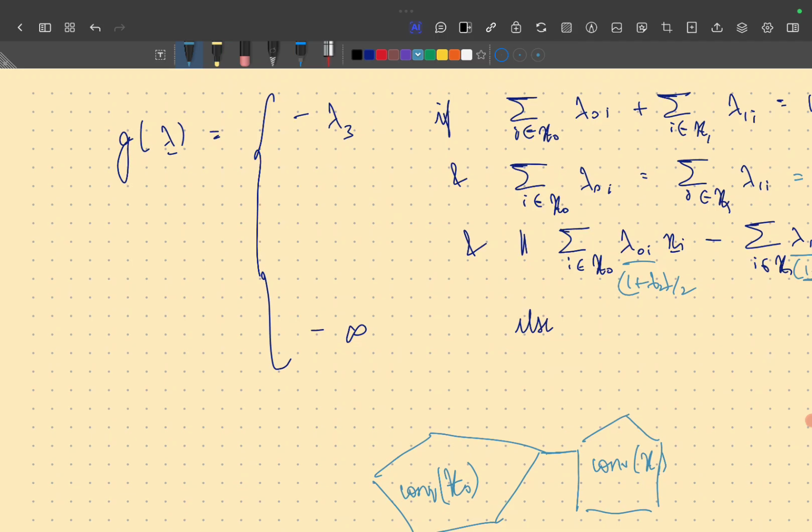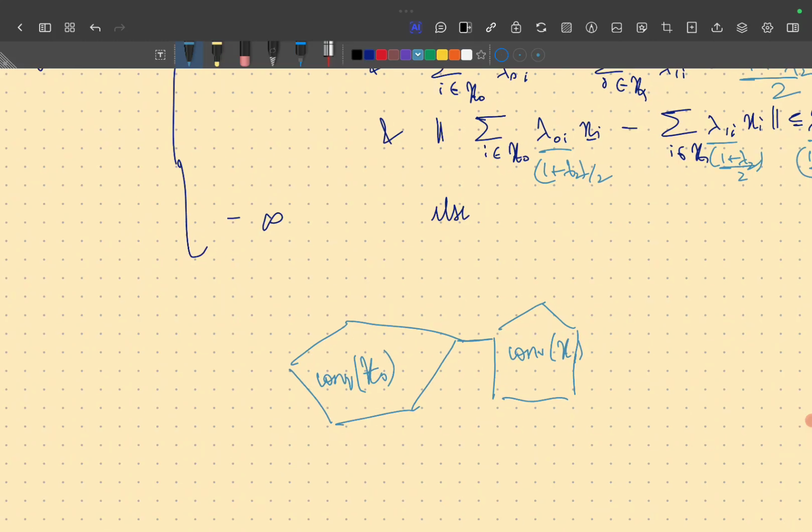Because I have a maximization of minus lambda 3, which corresponds to a minimization of lambda 3. And the solution is a scaled version, maybe. After all the rescaling, it will turn out that this is half of the minimum distance between these two convex hulls. Because after all, what we are trying to do is maximize the minimum margin.